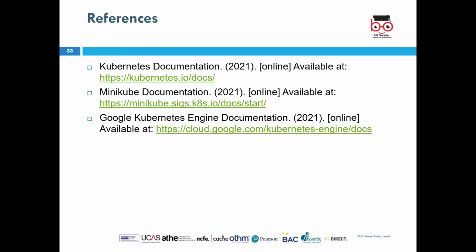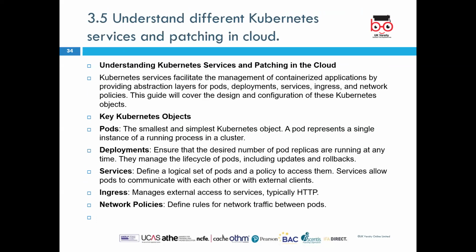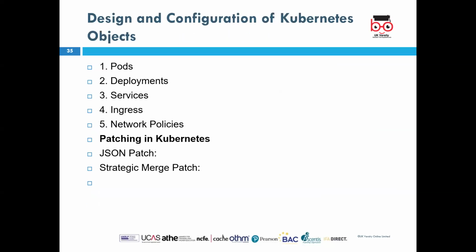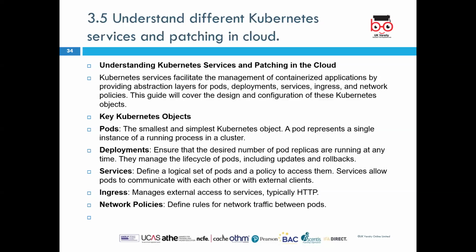So these are all stuff we spoke about. Our presentation also talks about understanding different Kubernetes services and patching in cloud. So what are the key Kubernetes objects? They are pods, deployment, service, ingress, network policies. So this is everything for today.